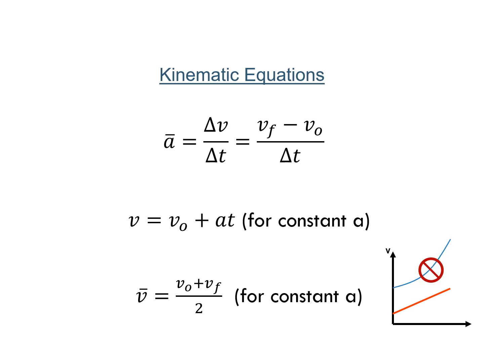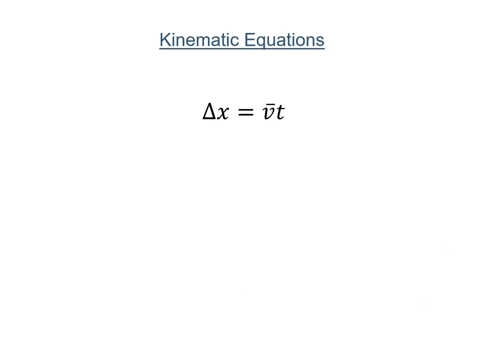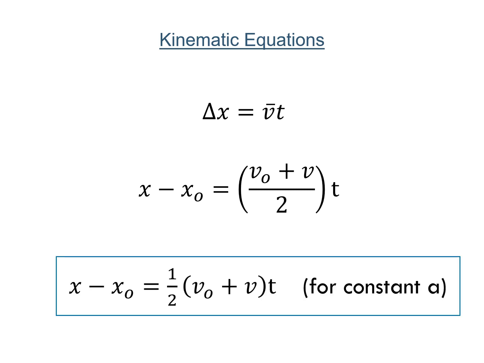Clearly, we cannot use this expression if velocity is not linear or acceleration is not constant. By definition of average velocity, change in displacement is equal to average velocity times time. Plugging in the average velocity from before, we have our second equation derived. I'd like to remind you this is valid for constant acceleration only.